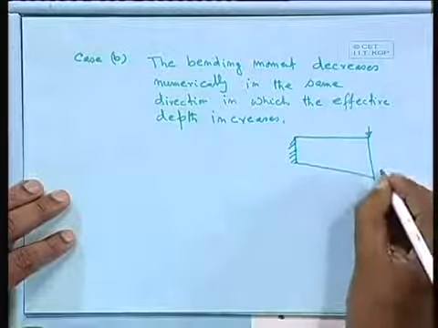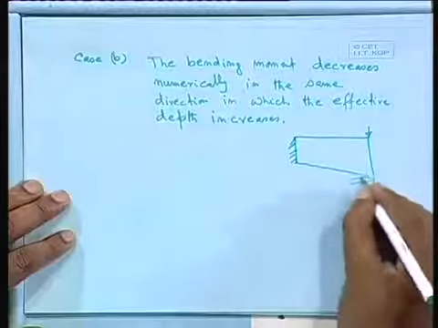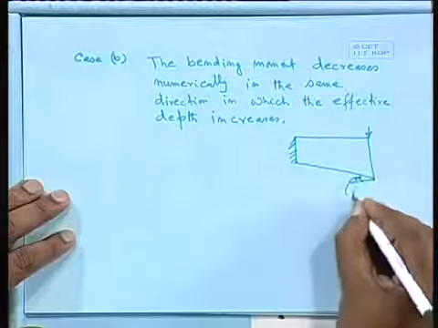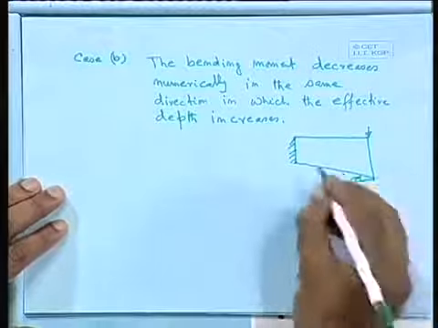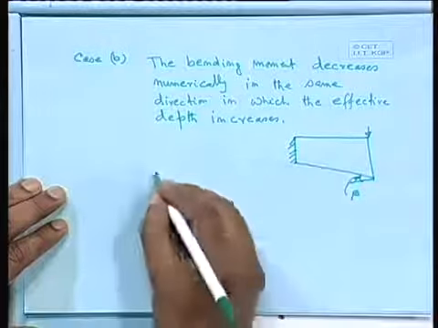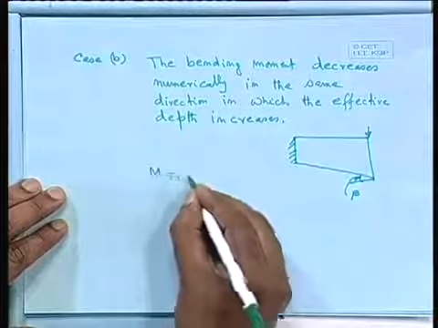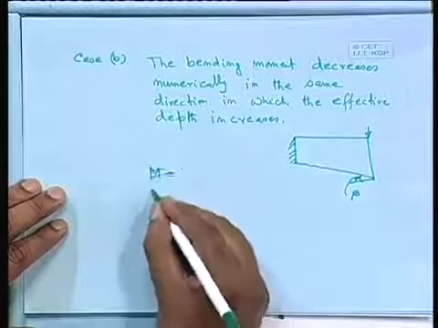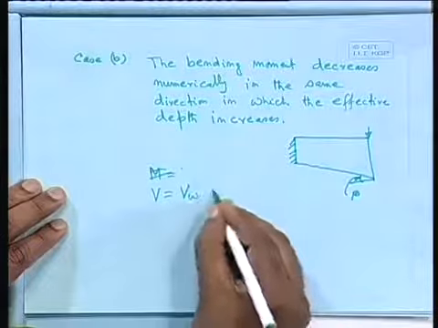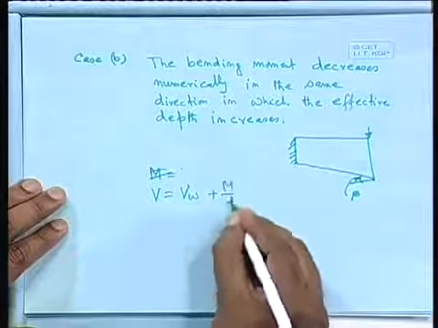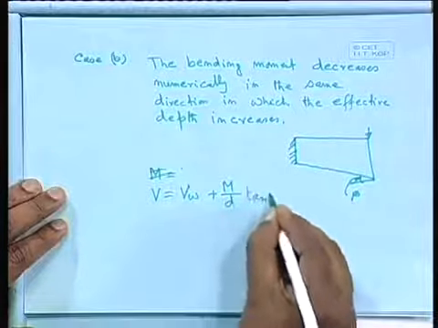So in this case what happens, the beta, and we shall get that M, V equal to V_W plus M by d tan beta.